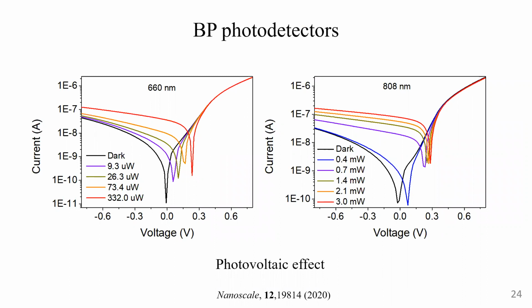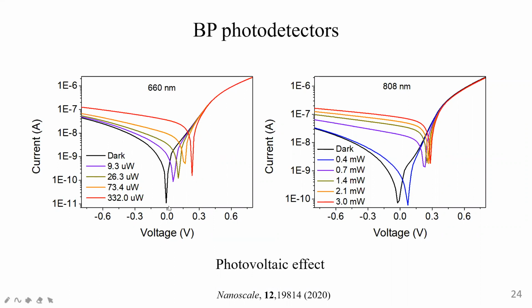And we characterized the photodetectors by measuring the current under dark and under illumination of a laser at 660 nanometers and 808 nanometers. As you can see, the current increases with the 660 nanometer light.